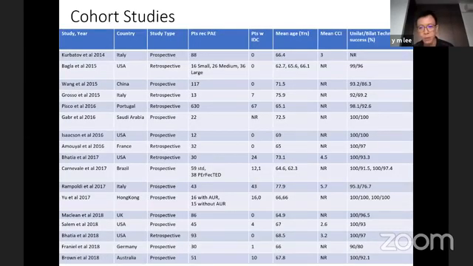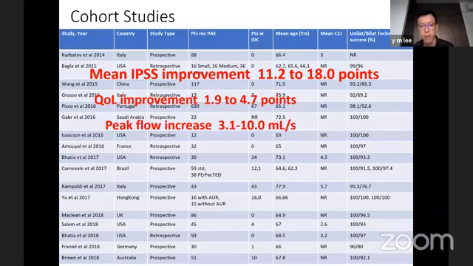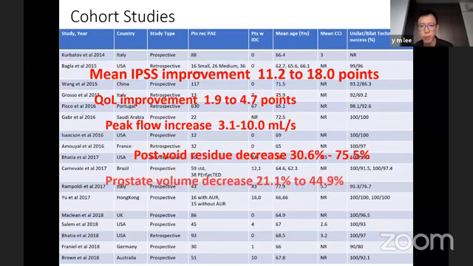So in the last 5 years or so, there have been almost 20 cohort studies about PAE. And the problem is that the inclusion criteria, outcomes reporting, as well as the follow-up duration has been very heterogeneous. But nonetheless, they do show that there is improvement in IPSS, quality of life, peak flow, decrease in post-void residue volume, decrease in prostate volume.